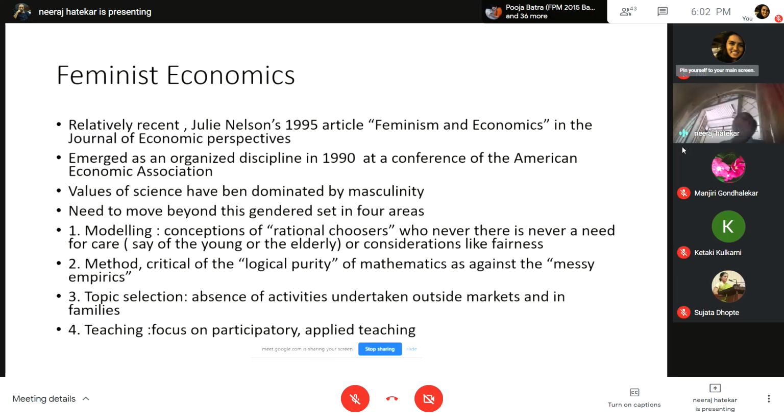And one of the arguments that feminist economists make is that as economic development happens, men's wages start going up, and because men's wages start going up, women who are working in the labor market now stop working, because families where women work in the labor market are no longer considered respectable, and women think of working in the labor market as drudgery.